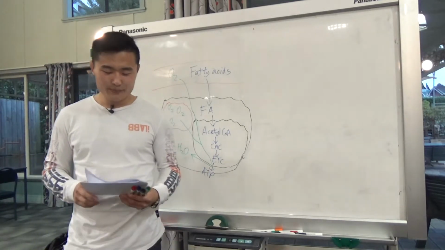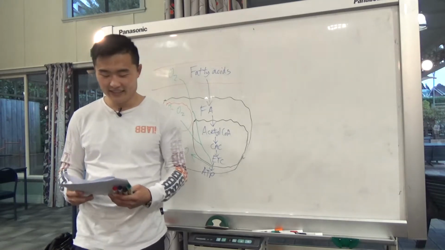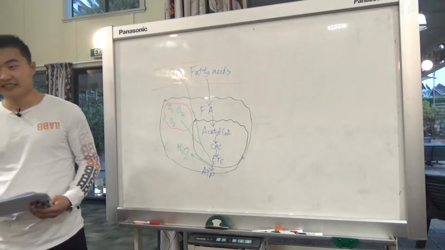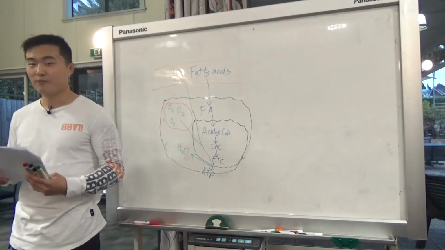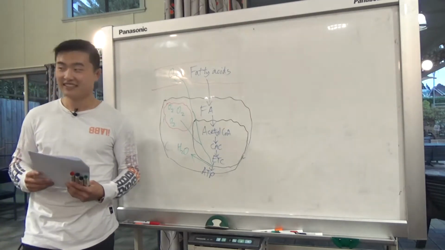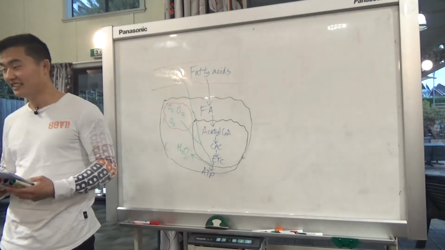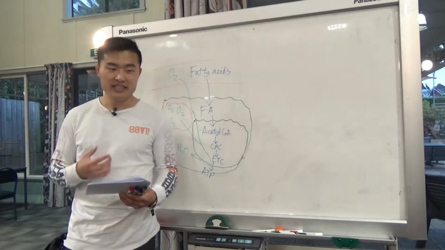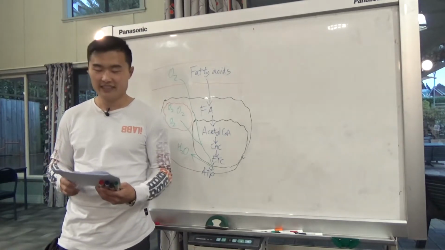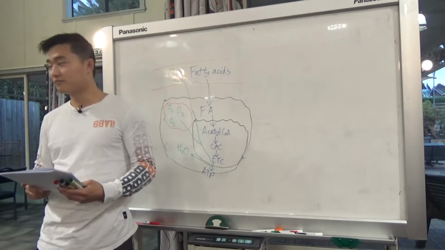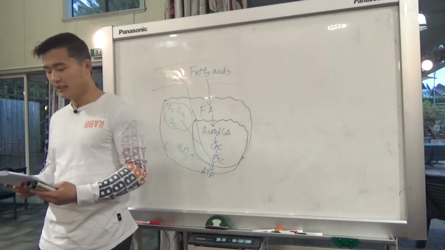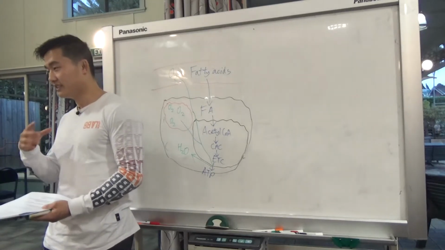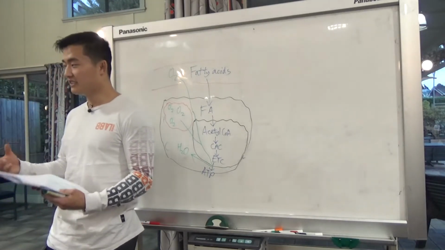So list 3 metabolic processes that are blocked by insulin. Who can list? Just list one. Gluconeogenesis? Yep. So you don't want to create more glucose when you have enough glucose. What's another one? We want glycolysis because we want to break down glucose.